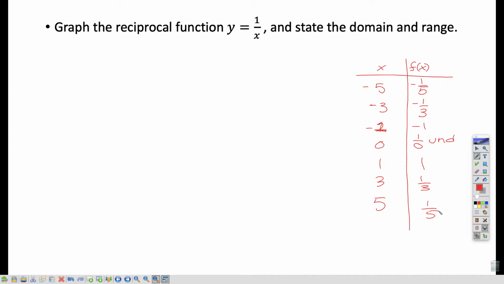No. What if I plug in a half? If I plug in a half, it'd be 1 divided by a half, so it'd be times 2, right? So it'd be 2. And if I plug in like an 8th, it'd be 1 over an 8th, which would be 8. So this 0 right here, this space right here, that's going to infinity, isn't it?